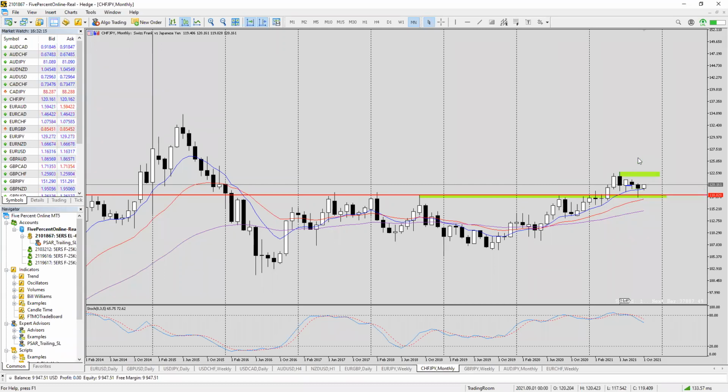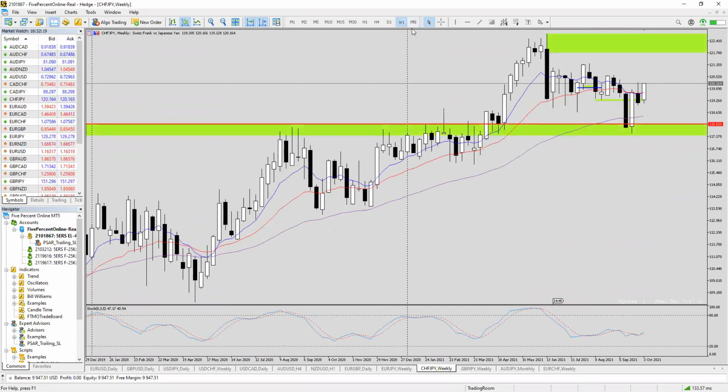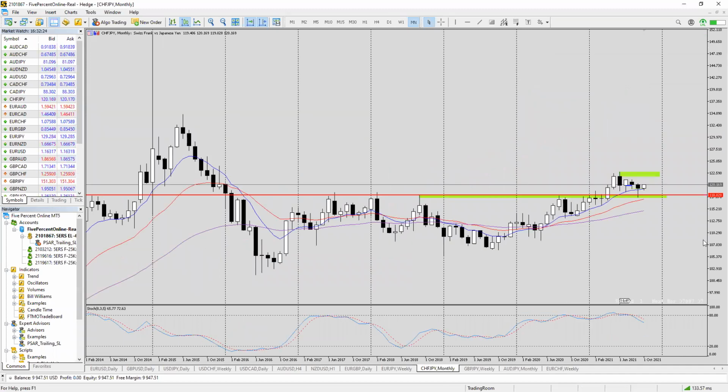If there's one pair I would pick, looking for long positions, that would be it. On the long term, it looks to me like a very persuasive trend and a persuasive or a strong pattern to the upside with this pin bar, moving averages, breakout and retest.